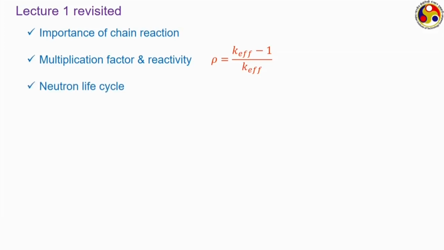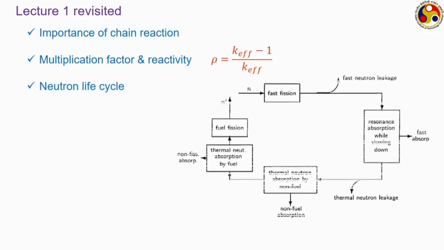To understand that, we discussed the neutron life cycle, and this picture was used for that. A freshly produced or introduced fast neutron goes through several stages inside a nuclear reactor. First, it goes through fast fission, which we can characterize using the fast fission factor. Then it can undergo fast neutron leakage, so the corresponding non-leakage probability can be identified with something like this.